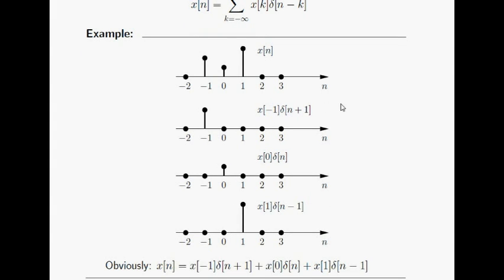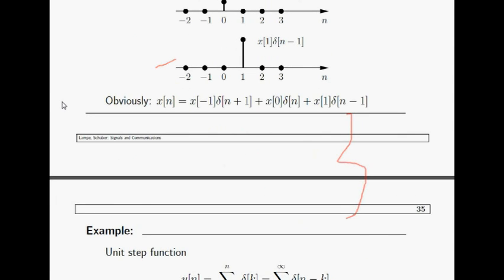You can see that when I sum all these three, I'll get this signal. So x[n] equals x[-1] delta[n+1] plus x[0] delta[n] plus x[1] delta[n-1].